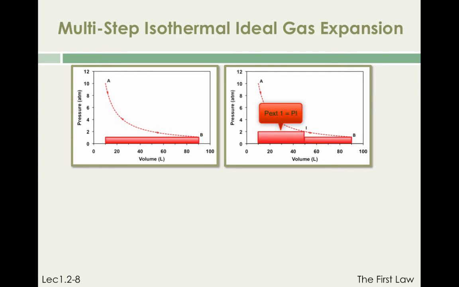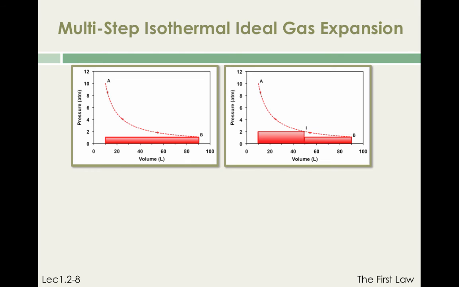So P external 1 during the expansion from A to I is equal to P sub I, while P external 2 is equal to P sub B. Recalling that the magnitude of the work is the area below the curve P external versus volume, we conclude that a gas does more work during a 2-step expansion than during a single-step expansion, since the total area of the red rectangles is larger for the 2-step process than for the 1-step process.